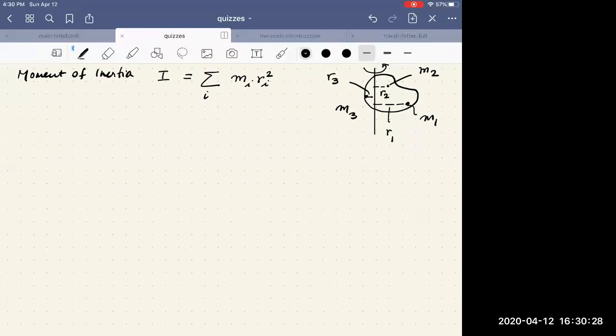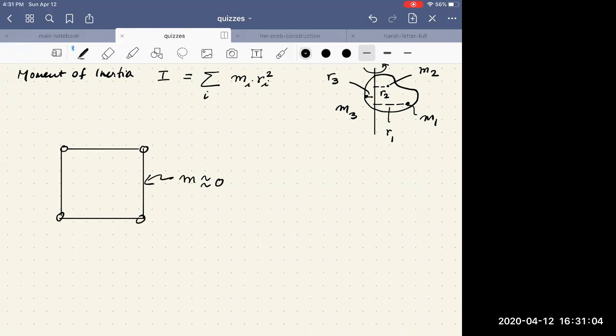For example, you have 4 masses, like so. And these masses are connected by some light rod. And let's say the masses are much heavier than the light rod, in which case we can regard the mass of the rods to be approximately equal to 0.